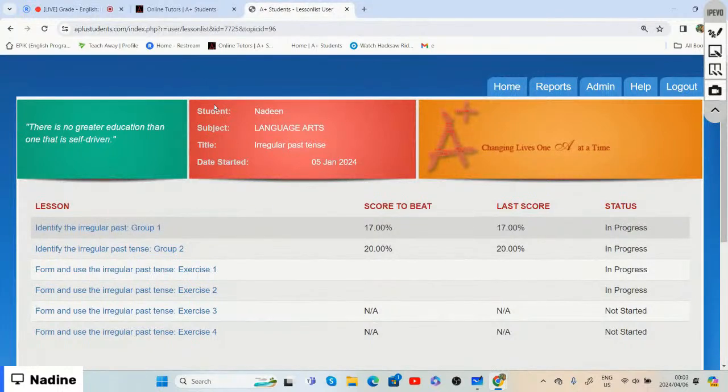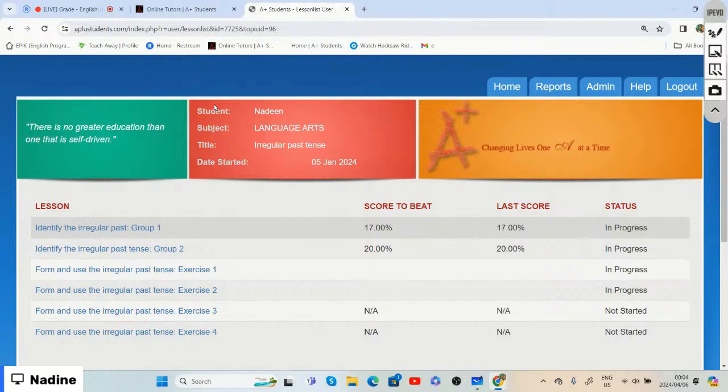Before we start, we're going to log on to aplusstudents.ca with our username and password.